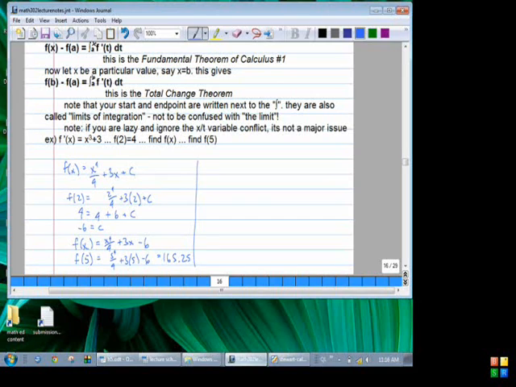So let's literally write down the fundamental theorem of calculus using this function. So what we know is f of x minus f of 2 equals the integral from 2 to x of f prime, and I'm going to switch to t just to be precise.